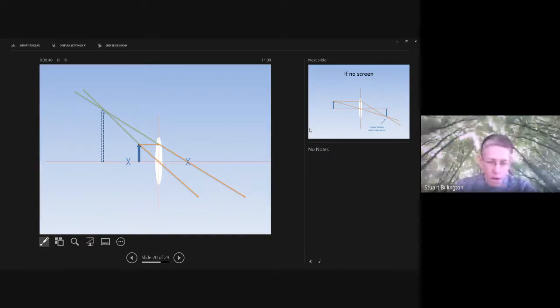Okay, so just to summarize again: virtual, upright, enlarged, and the scale factor when you calculate it should be a number that is bigger than 1 now.